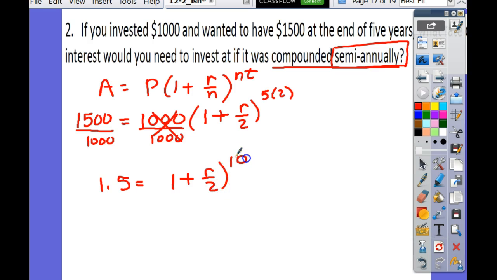And 5 times 2 is 10. And so what some people have tried to do at this point is take the log of both sides. You take the log of both sides when the variable you're solving for is an exponent. Is the r that we're solving for the exponent? The exponent is 10. In order to solve any farther, I have to get rid of the 10. Do you remember how to do that?